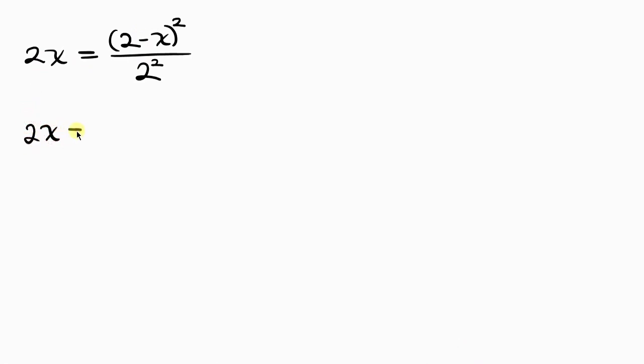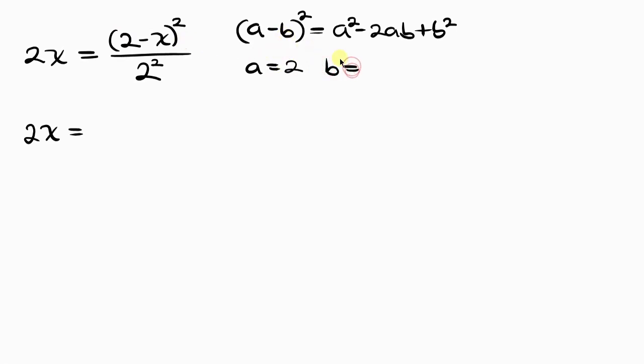2x equal to, now I'm going to be expanding this. This expression on the numerator is of the form a minus b all squared, equal to a squared minus 2ab and then plus b squared. Now comparing, you see that a is in the form of 2 and b is in the form of x. So let's express this like this. We have a squared, that's 2 squared.